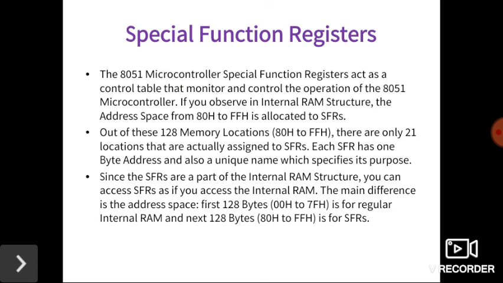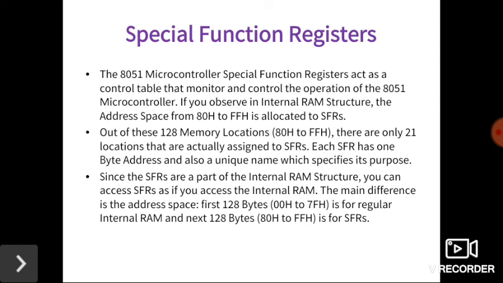Out of these 128 memory locations, 80H to FFH, only 21 locations are actually assigned to SFRs. Each special function register has a 1 byte address and also a unique name which specifies its purpose.